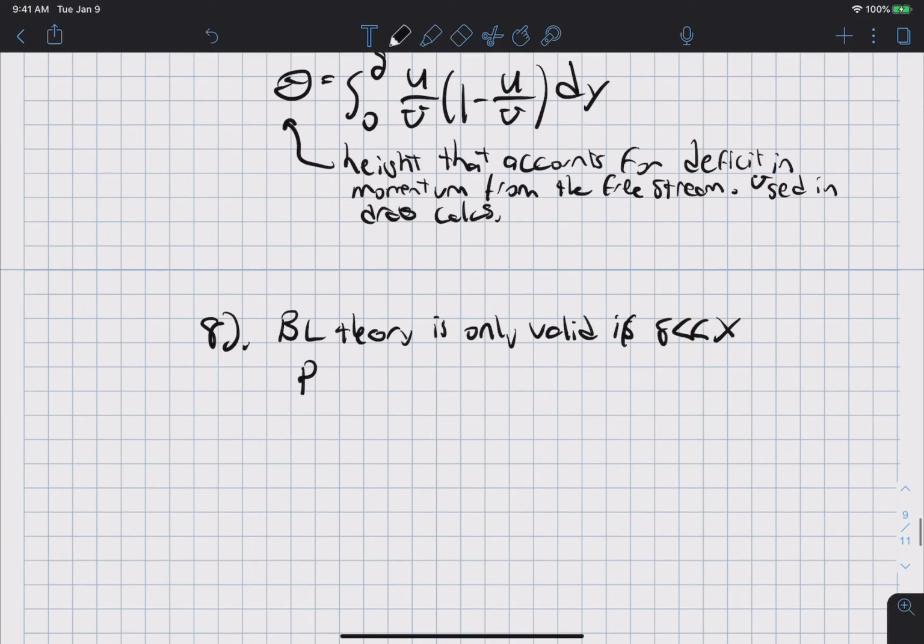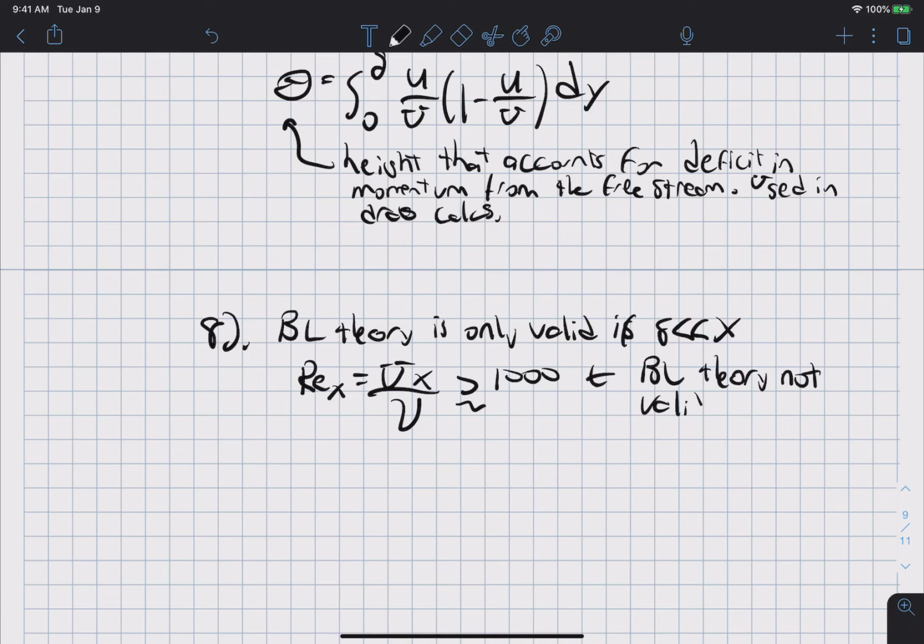And a criterion for whether you can use boundary layer theory or not is that the Reynolds number based on distance along the flat plate, which equals capital U times x over the kinematic viscosity, needs to be greater than or equal to roughly 1,000. And this implies that BL theory is not valid near the tip.